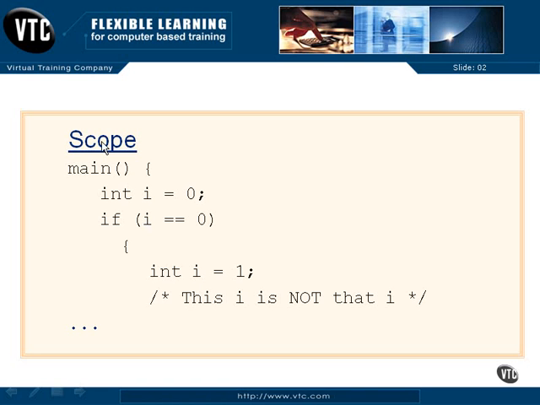And that is one of the trickier things to know about scope, is you can do this, and scope only lasts within these braces. The scope of this I will only last until the ending closing brace of main, down here someplace.